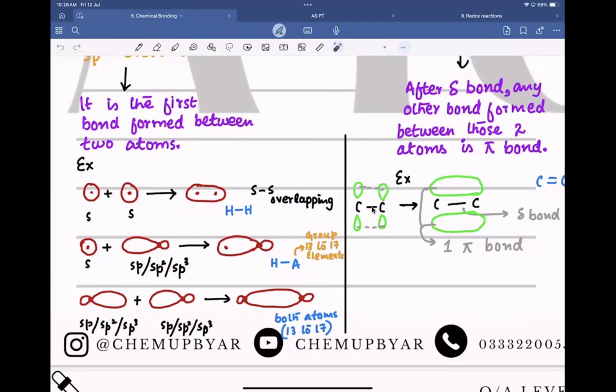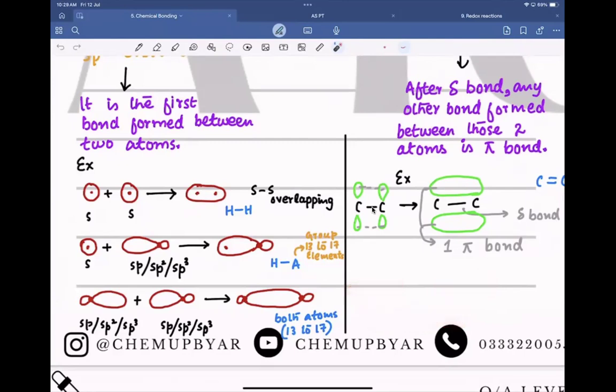The linear case would be this one: for example, this is one p orbital and this is the other p orbital, and if the two p orbitals overlap in this way, it is considered linear. That would be the bonding we just did on the left side, which forms a sigma bond.